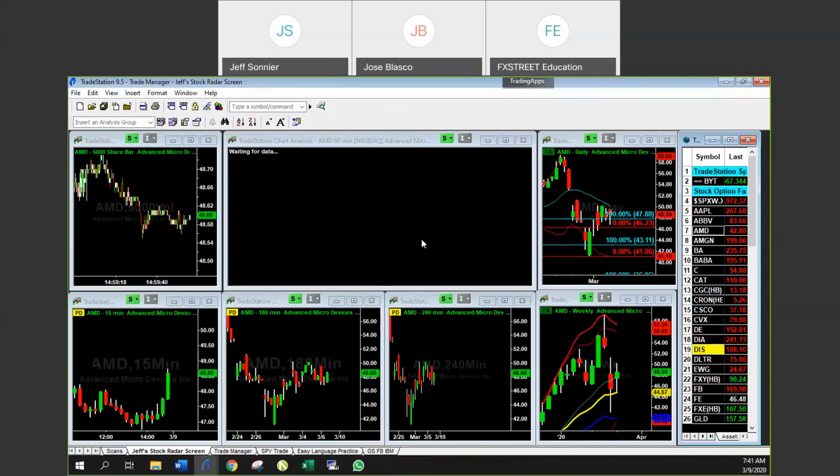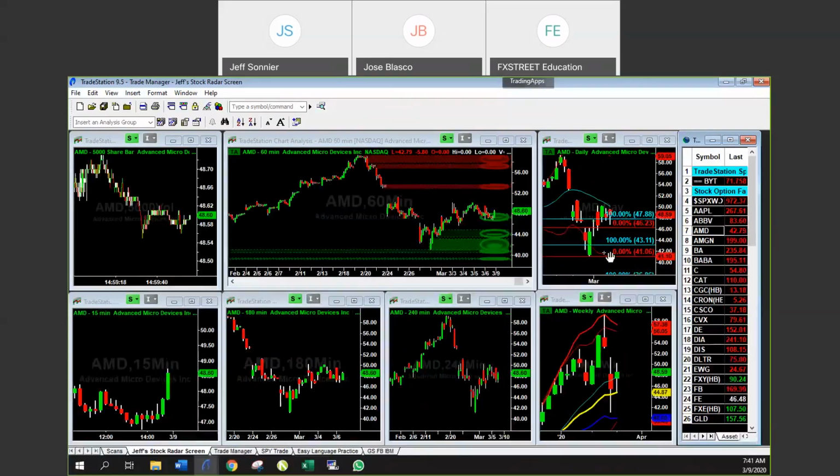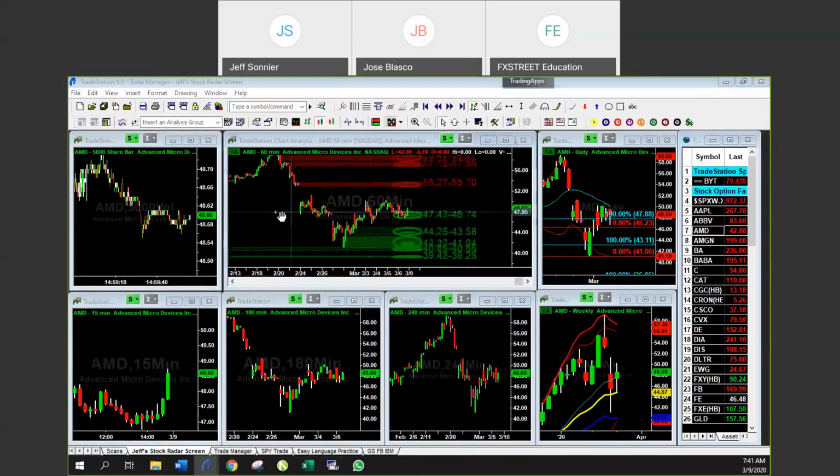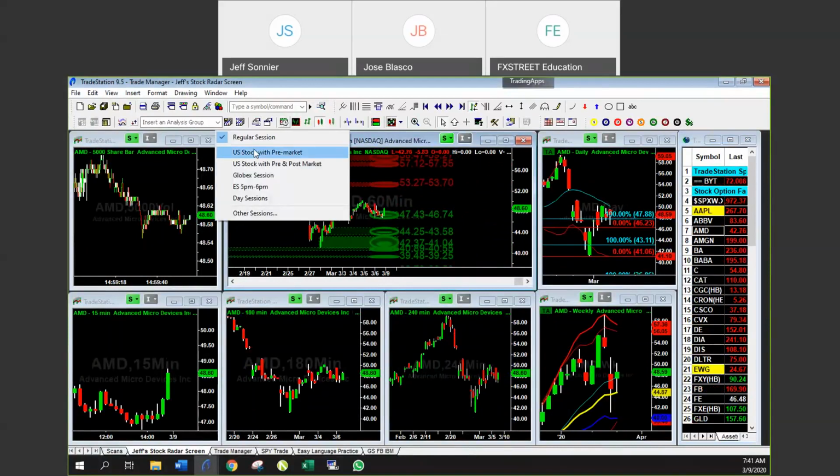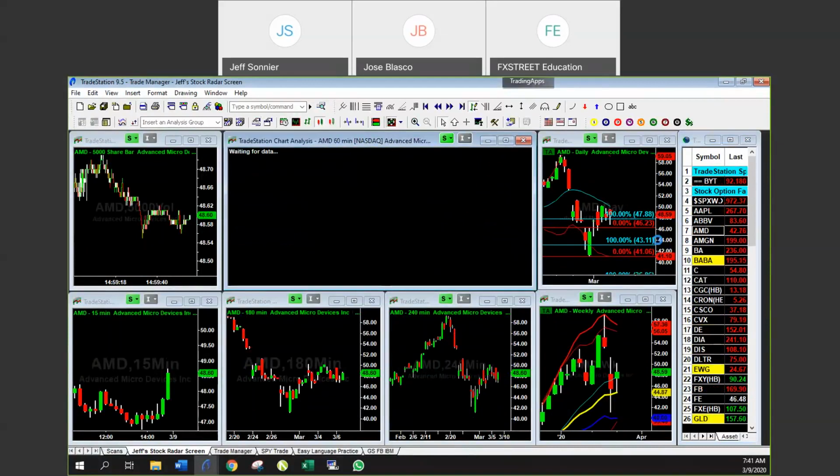Come on, TradeStation. Oh, here it is right here, 42.80. So 42.80 is way down below here, and that's not going to be good at all. Did this thing click back? What's going on? It did click back. Okay, so this thing opened at 42.80.